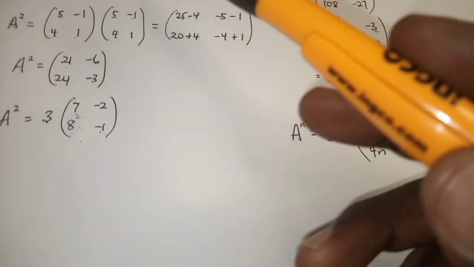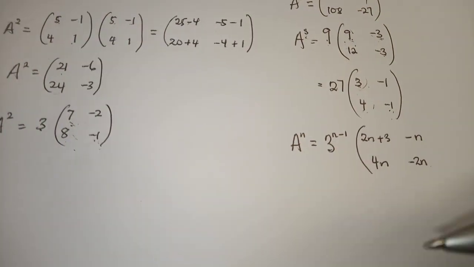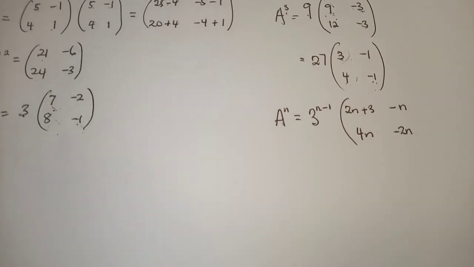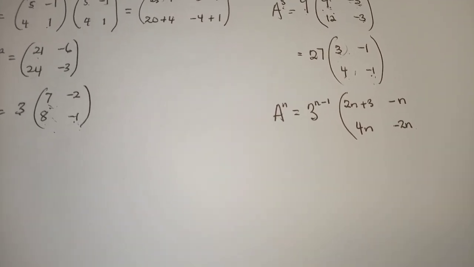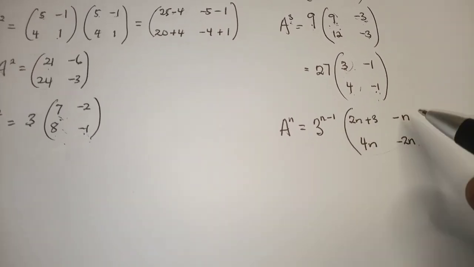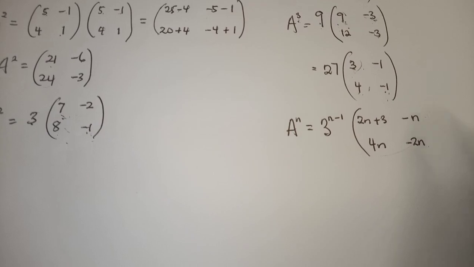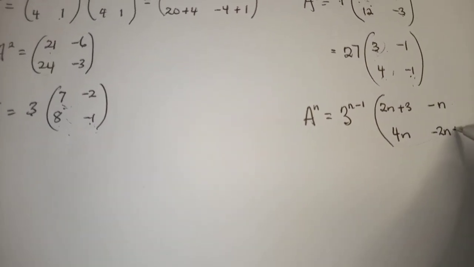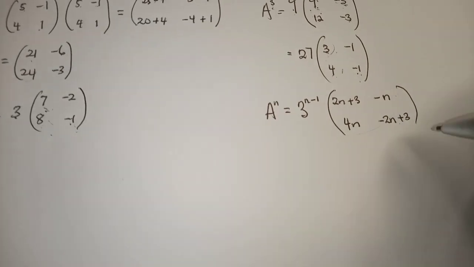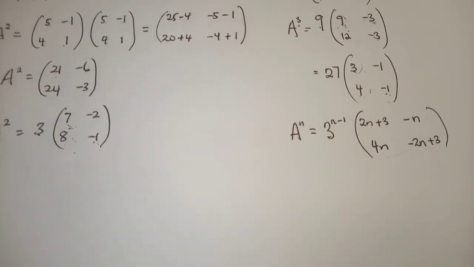And if we had done n equals 4, we would have seen it clearly. But you can figure it out, since you've already had 1, 2, 3 entries already. You just have to write this plus 3. Okay, so that is it, and when you compare, you have the same thing.